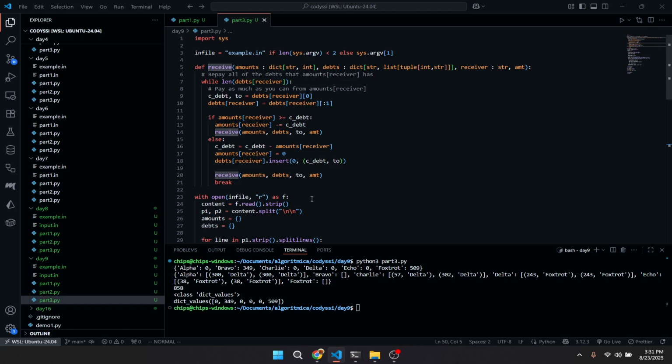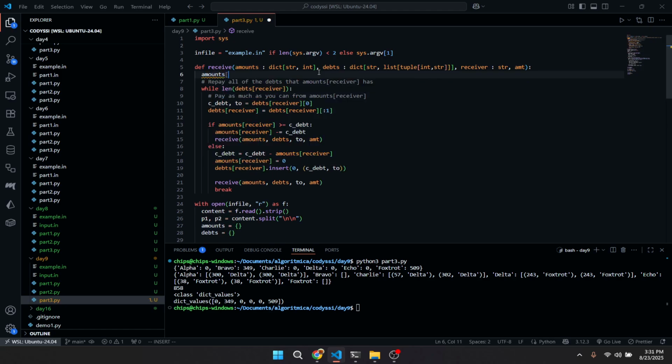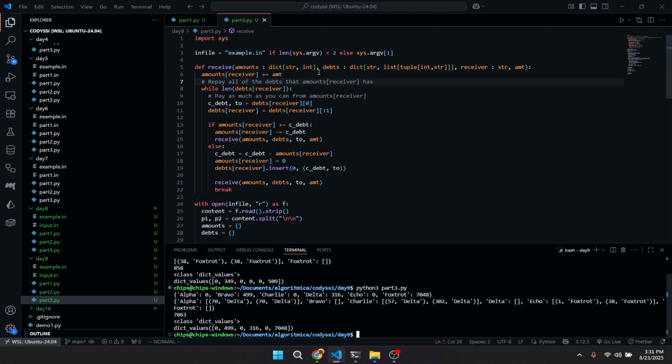As soon as you receive, you start paying all of your debts. But we never actually increase. And it looks like debts are essentially just not getting extinguished.